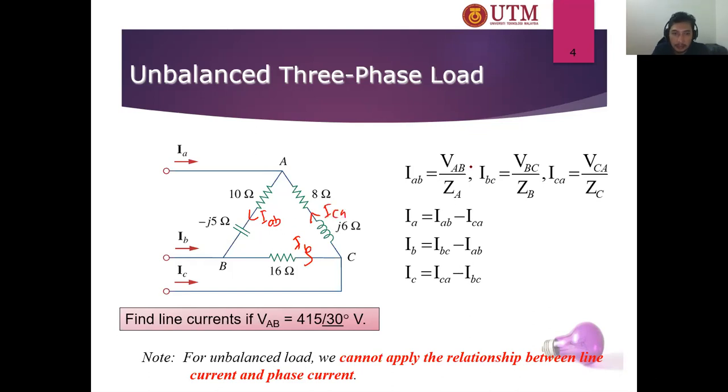To calculate IAB, it is VAB over ZAB, and for the delta connection, V line is V phase. Then to calculate the line current, you need to use these equations also: IA is IAB minus ICA, IB is IBC minus IAB, and IC is ICA minus IBC.